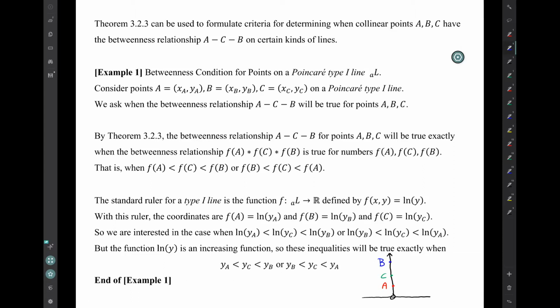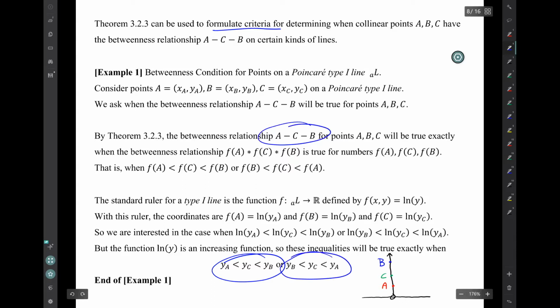So that's one configuration that would correspond to this inequality. YA is less than YC, which is less than YB. So again, this is a criterion for determining when points on a Poincare line have this betweenness relationship. If either of these inequalities is true for points on a type 1 line, then the points are going to have this betweenness relationship. Let's go on.